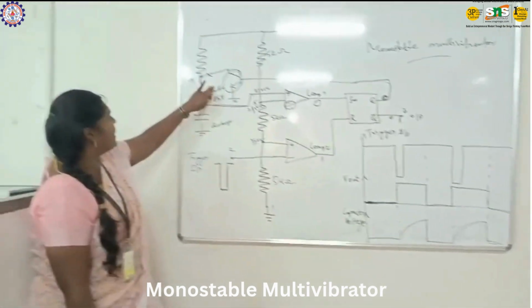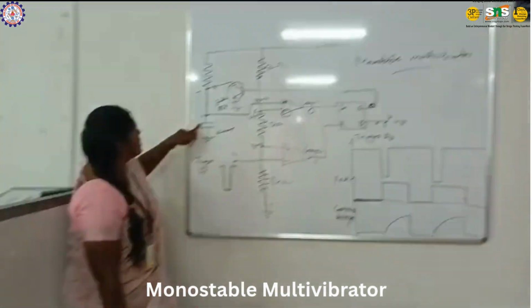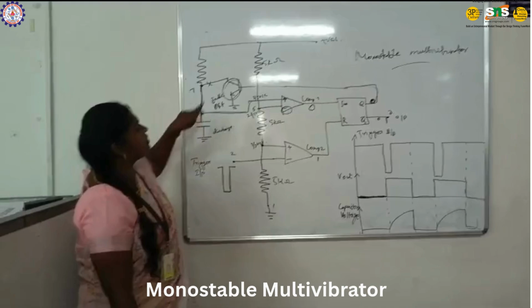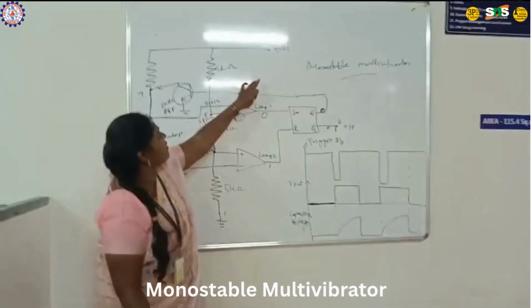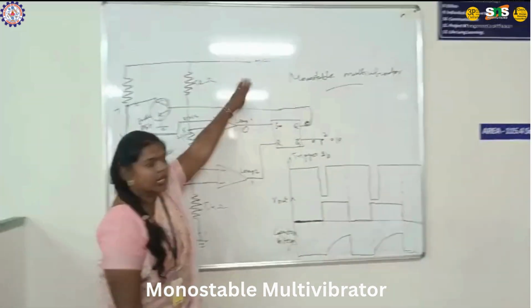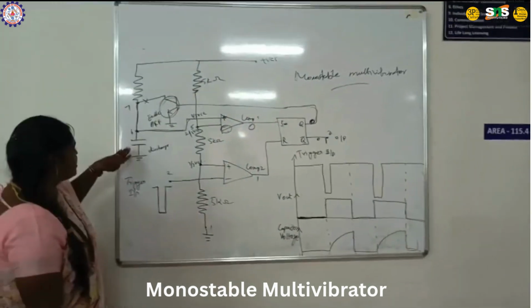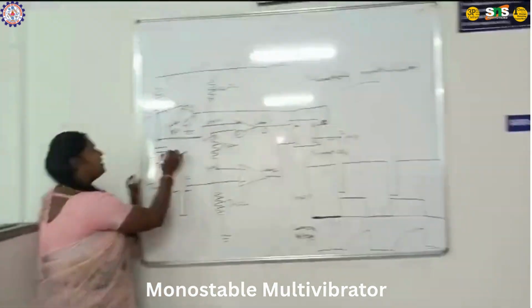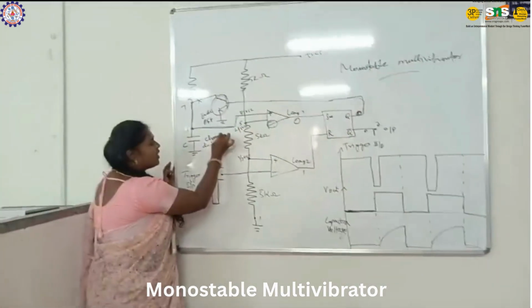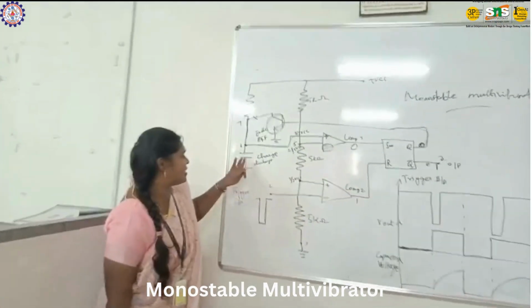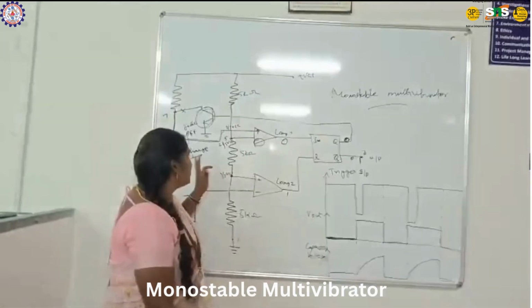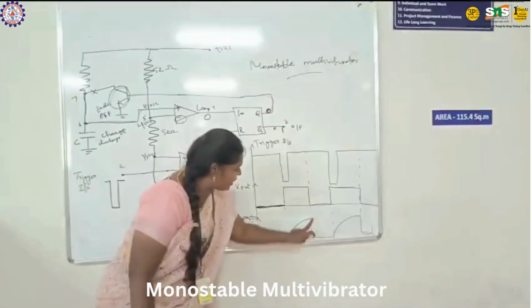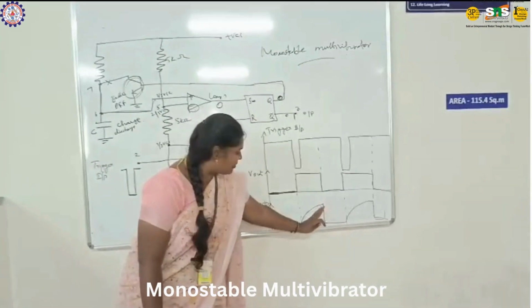There is no connection, so the capacitor will take the input signal from the positive VCC. This VCC is given to the capacitor C, and the capacitor will start the charging process.